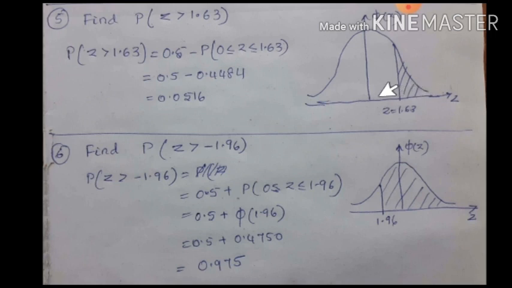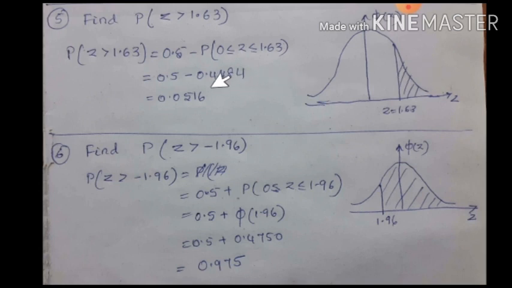I know that the right-hand side of the line z equal to 0 is nothing but 0.5, and I know the area from 0 to 1.63 from the distribution table. So take the full area, that is 0.5, minus this area. You are going to get the area where z value is greater than 1.63.